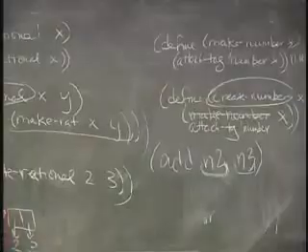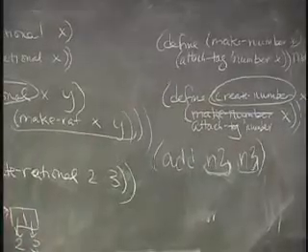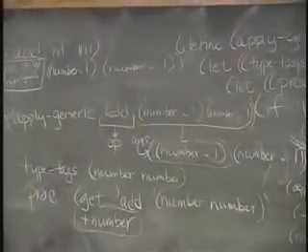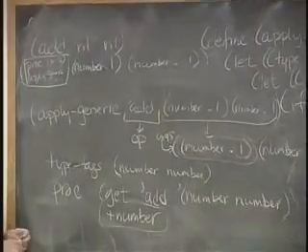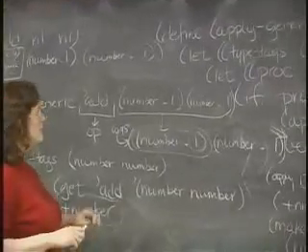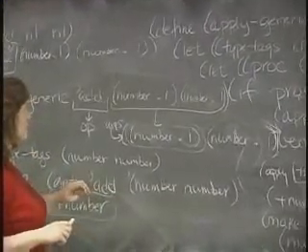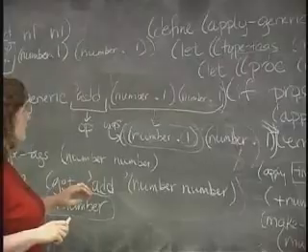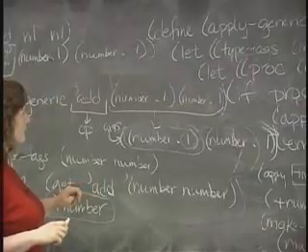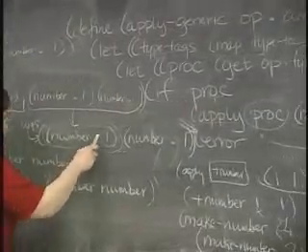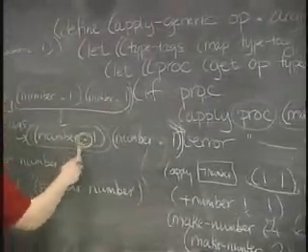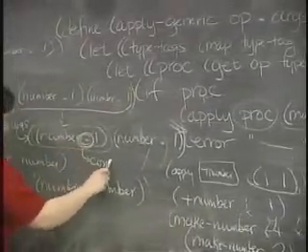Before you erase, yes? Explain to me why number dot 1 in the second line is different than number dot 1 in the first. You said in apply-generic that number dot 1 in the second line was not the same one as number dot 1 in the first line. No, it's the same number dot 1. What I'm saying is that the dot here means cons.